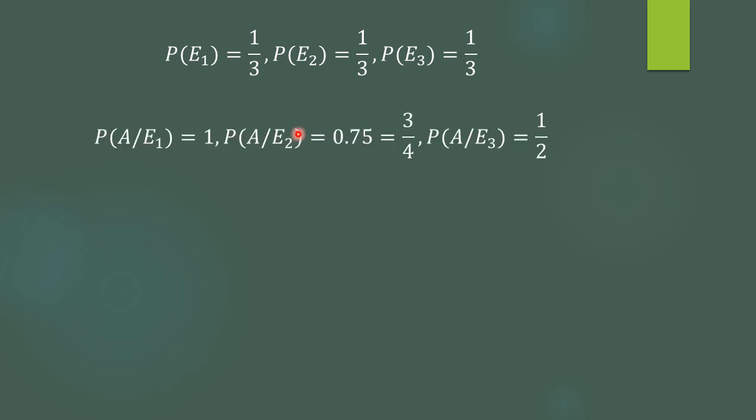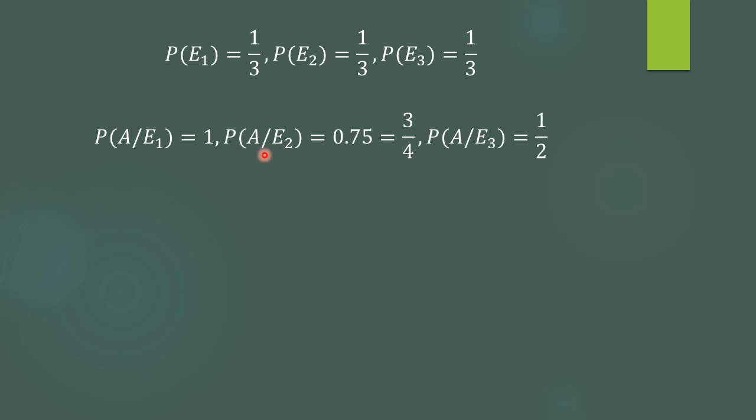Now first we will calculate A given E1. A is a head, given that we have selected the two-headed coin. Naturally, as the coin is two-headed, only head is there on both sides, so the probability of getting head will be 1. Now A given E2: we have selected the biased coin and we get the head.